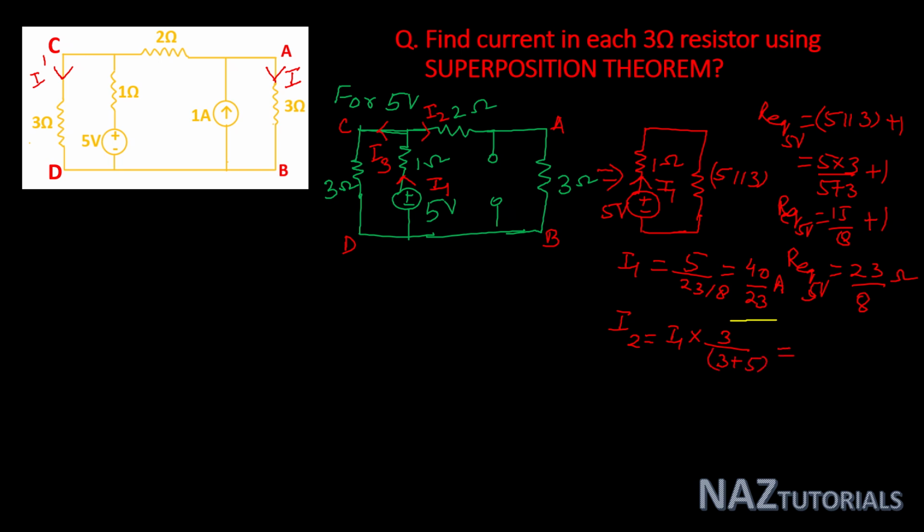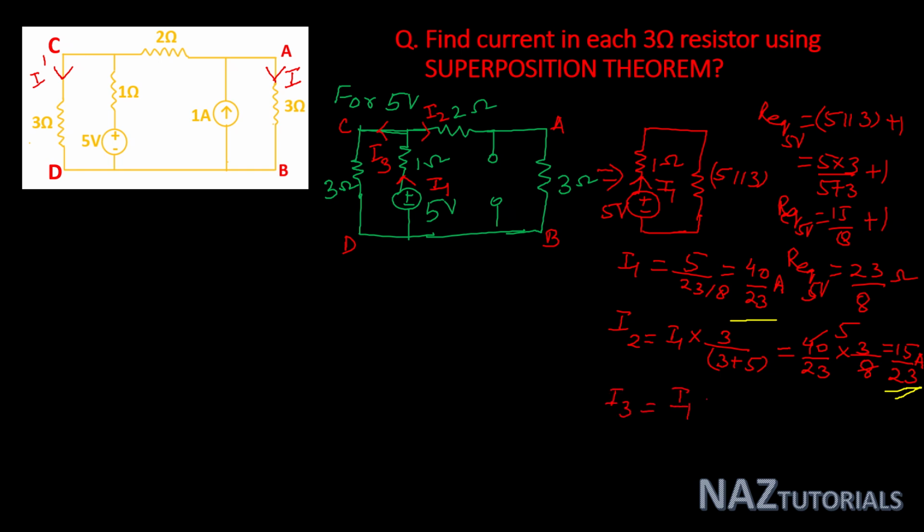So its value is 40 by 23 into 3 by 8, that is 15 by 23 ampere. This is our value of I2.